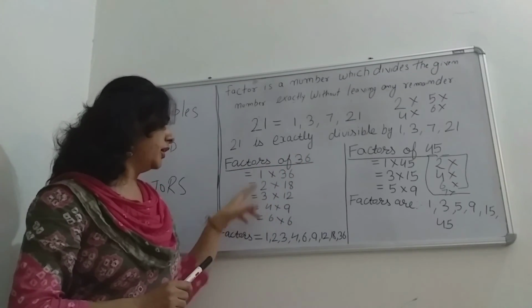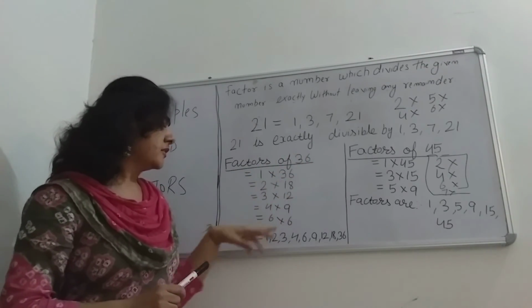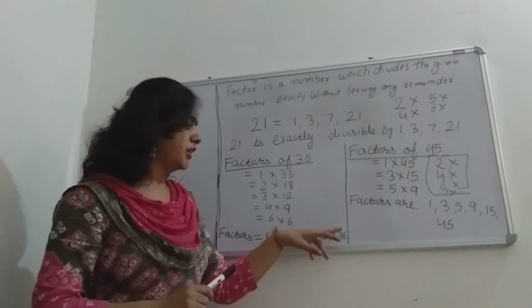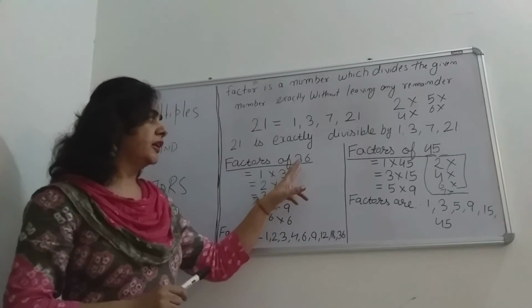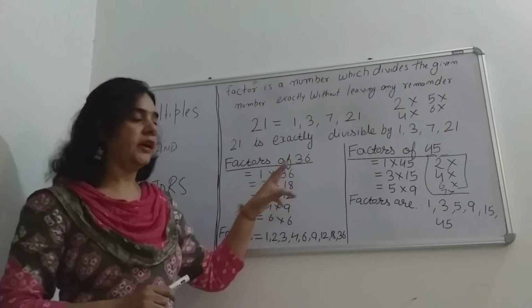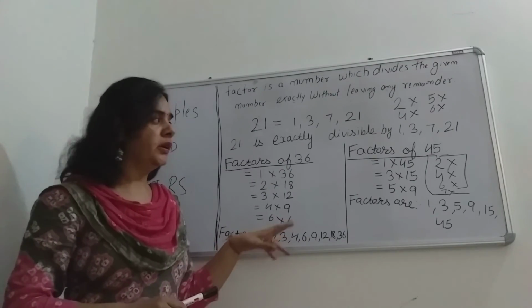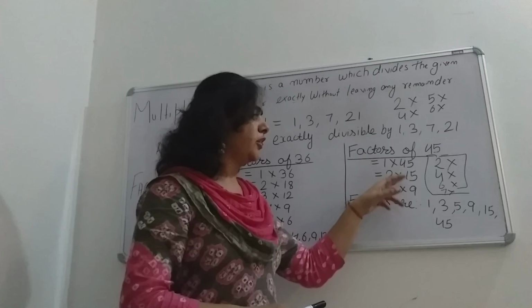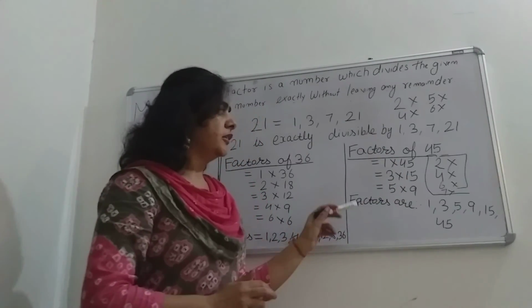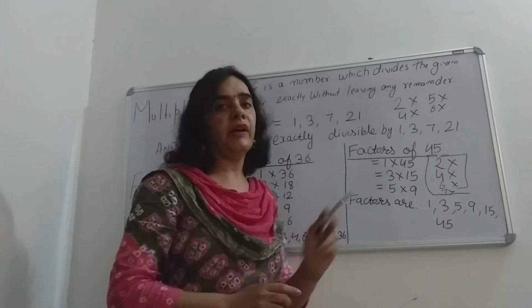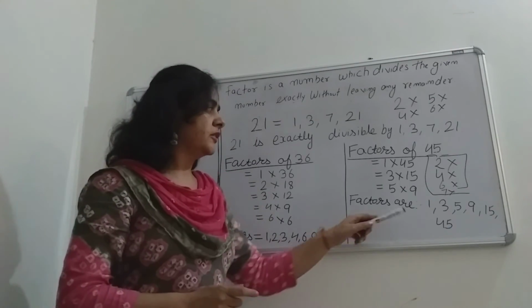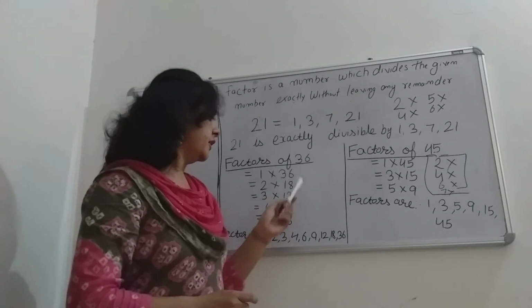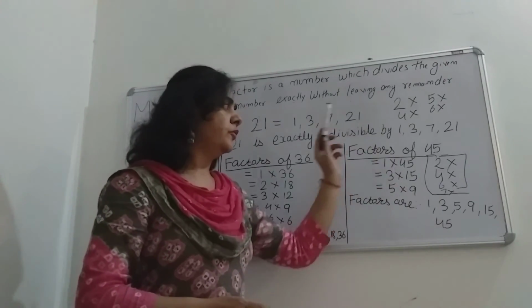In the first case, the numbers 1, 2, 3, 4, 6, 9 and so on exactly divide 36 with remainder 0. And in this case, 1, 3, 5, 9, 15, 45 are the numbers which exactly divide 45. So these are all the factors of 36 and these are the factors of 45.